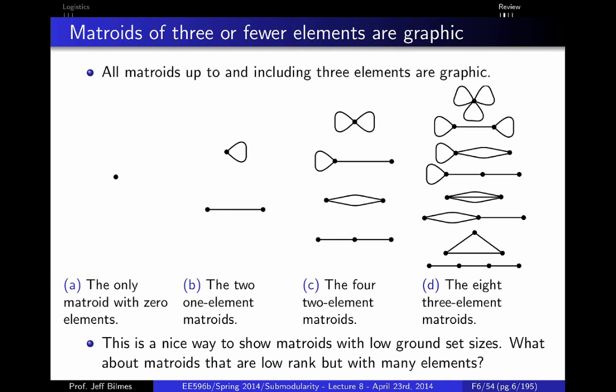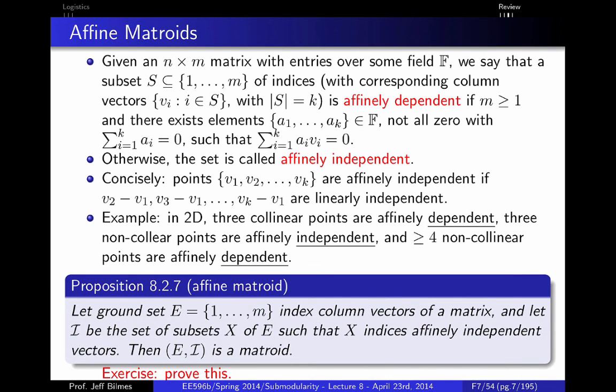All matroids can be depicted by a graph. In fact, here are all of the graphic matroids with ground sizes up to and including size 3. However, for matroids with larger numbers of elements, for example, most of the instances that we care about, it is a little bit tricky, and not all matroids are any longer graphic.